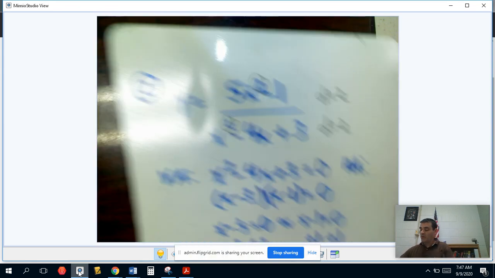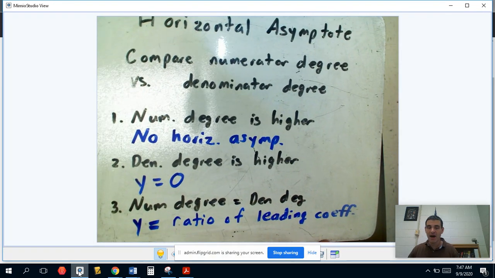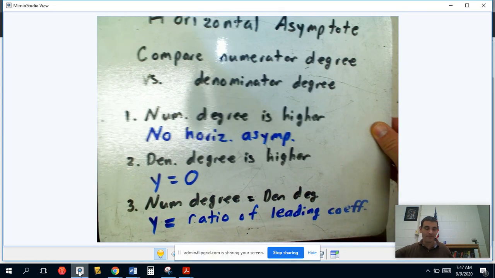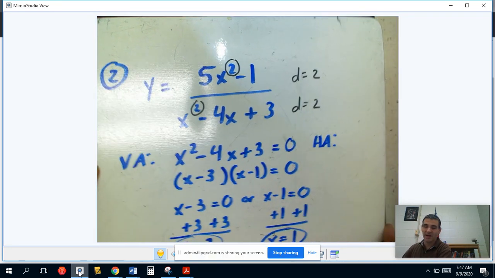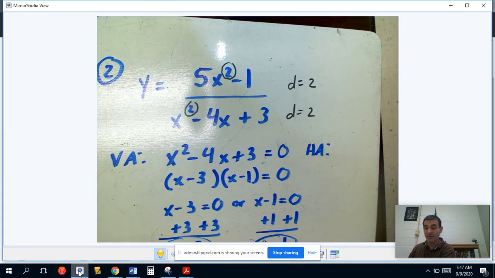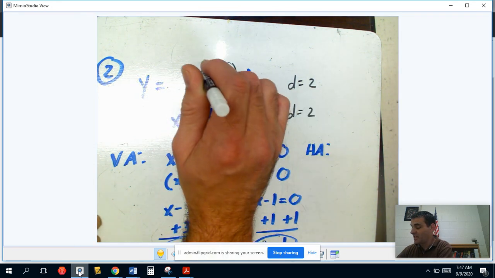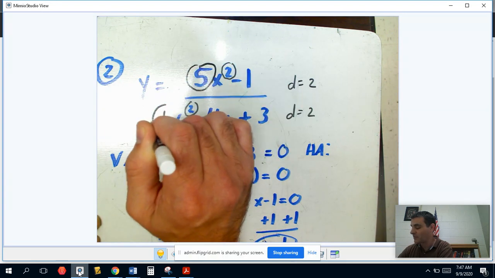All right, so let's look at what happens from the notes. Okay, it would be the bottom scenario. Y is equal to the ratio of leading coefficients. So let's take just a minute to figure out what that means. So what are the leading coefficients? This is more vocabulary from polynomials. The leading coefficients are just simply the numbers in front of the highest power. So 5 and 1.